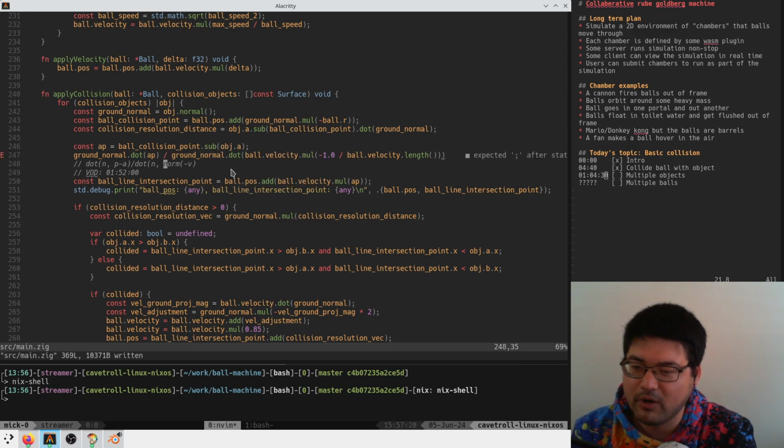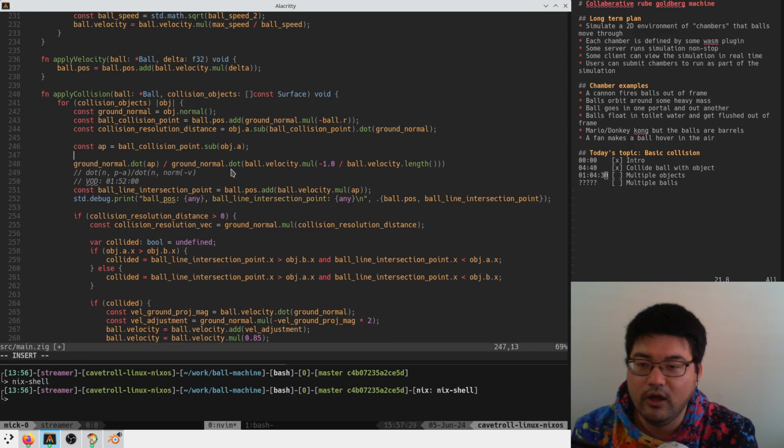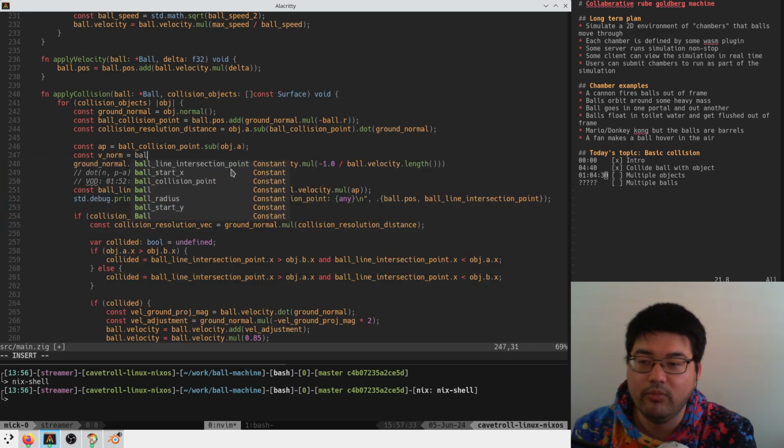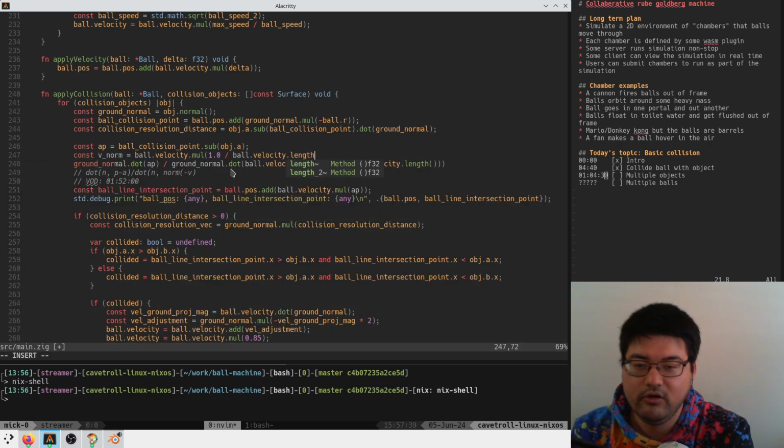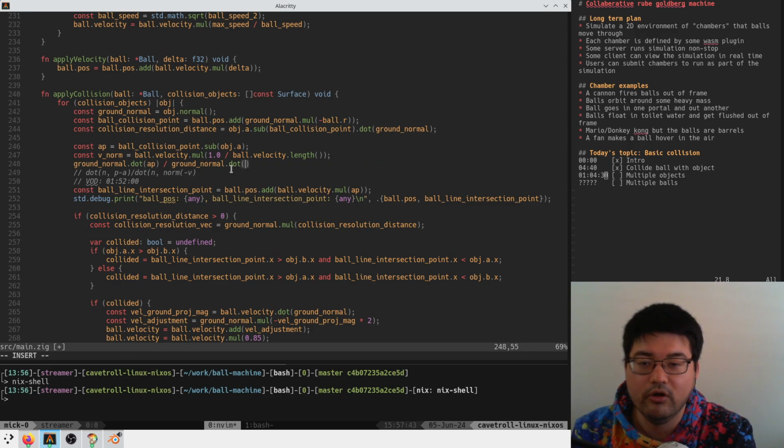Sure. I've probably had an extra negative somewhere. Divided by ground normal dot, we'll call this const v norm is equal to ball velocity multiplied by 1.0 over ball velocity length, which makes this 1 over, we'll call this v norm neg.